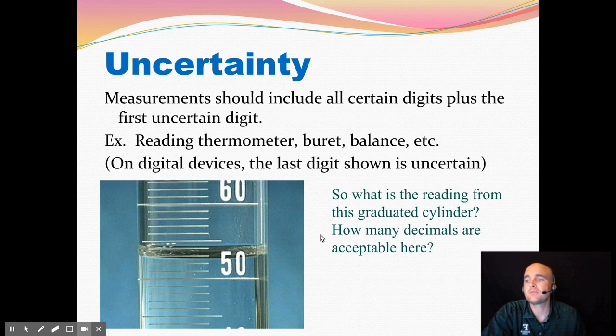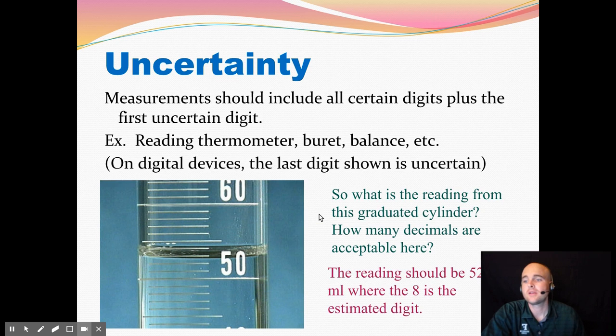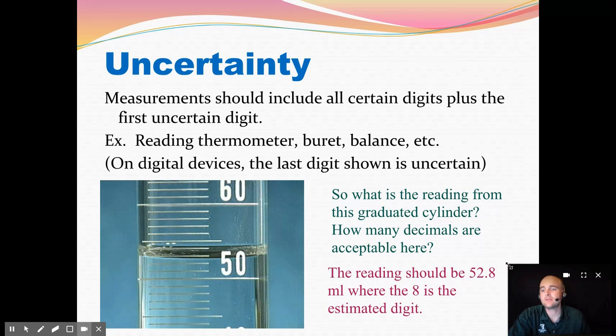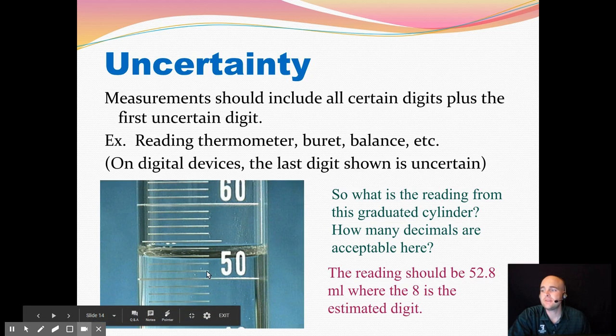What would be the reading from this graduated cylinder, and how many decimals are acceptable? The reading should actually be 52.8. Notice that you could see 52 from the lines. You need to be able to approximate that last extra digit.